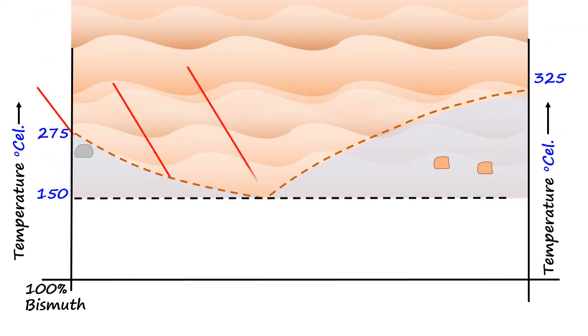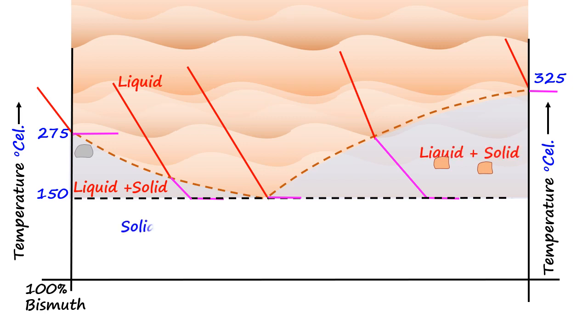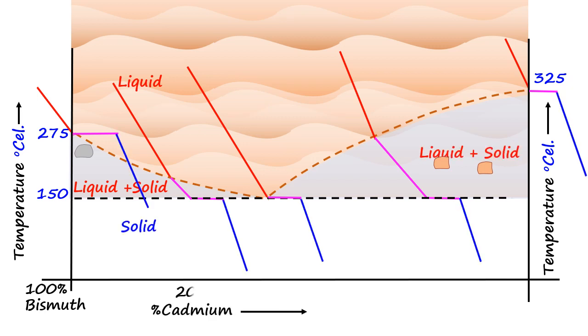Let us understand the behavior of alloy during the cooling from liquid stage till solidification for different percentage of cadmium, that is 20%, 40% and 80%.